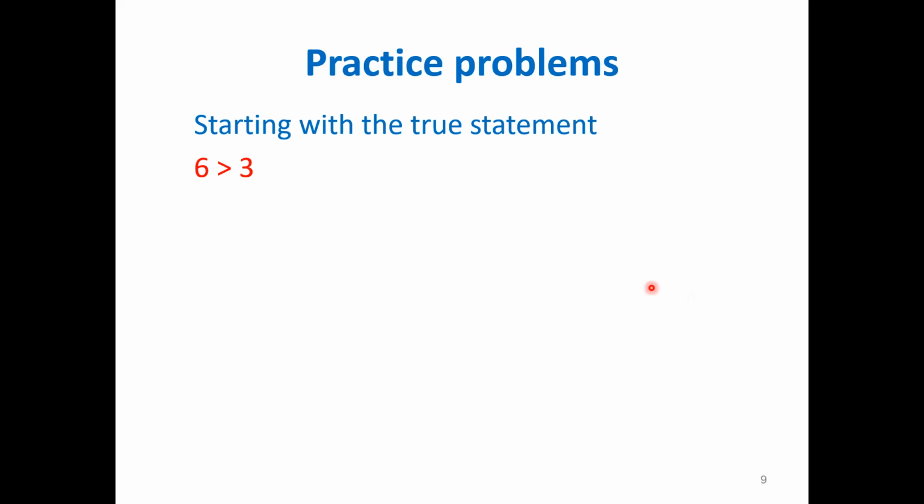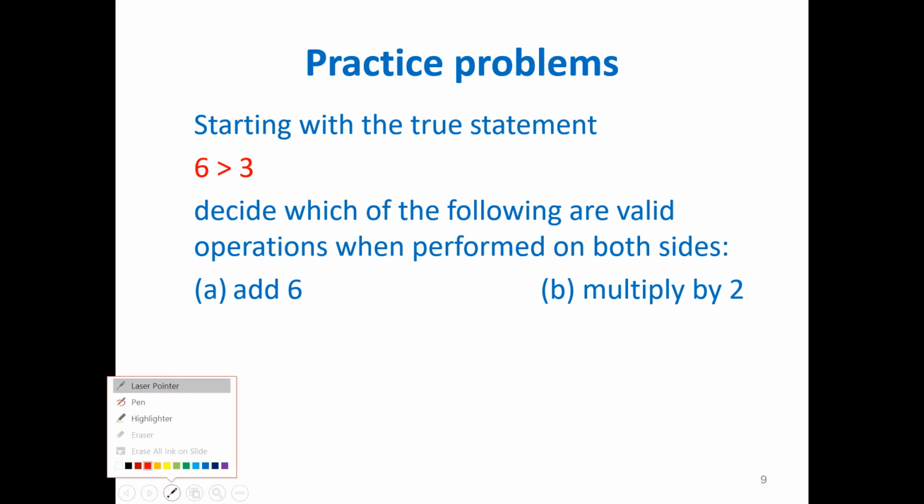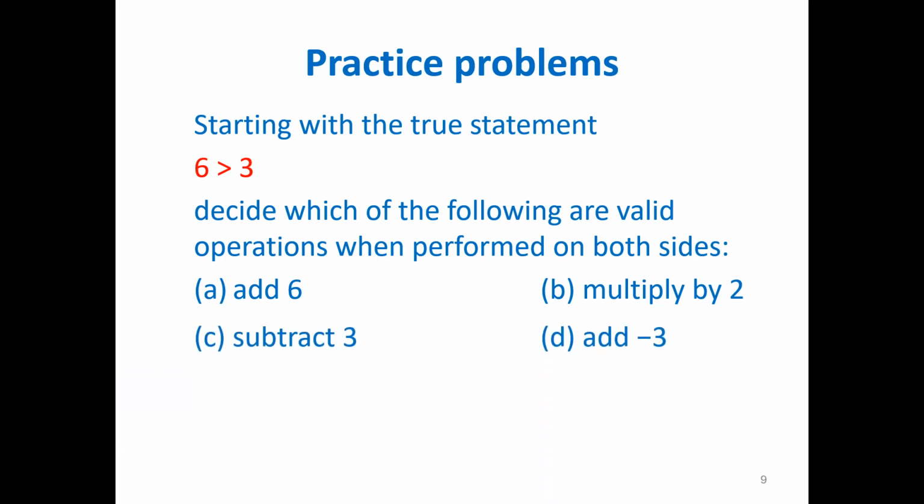6 is greater than 3. We will decide which of the following operations are valid when performed on both sides of the inequality. Let's add 6 to both sides of this inequality.